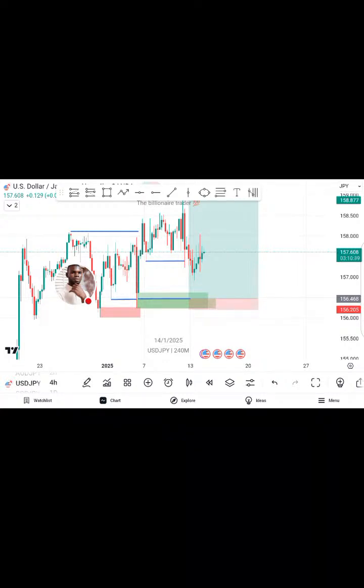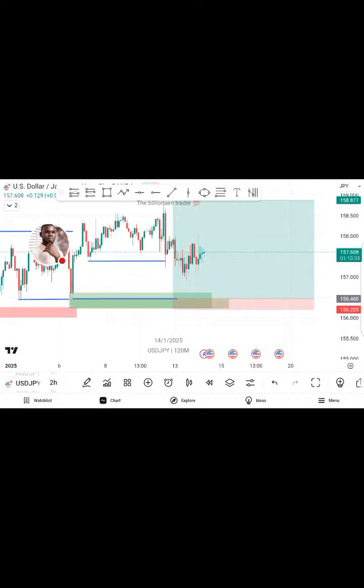So these 2 hours time frame demand zone, you can see.